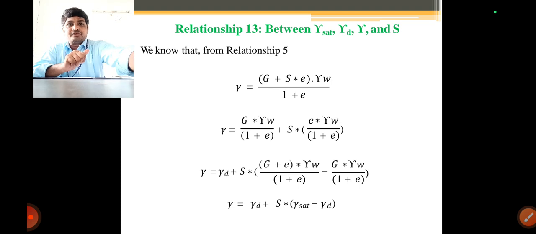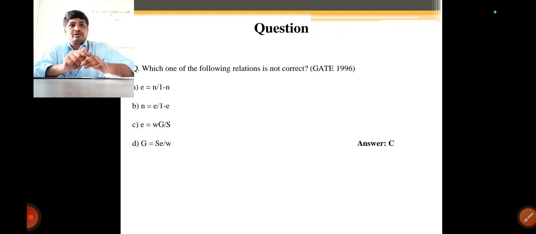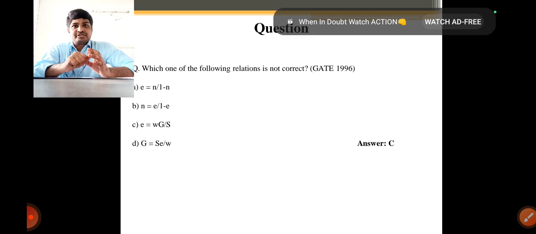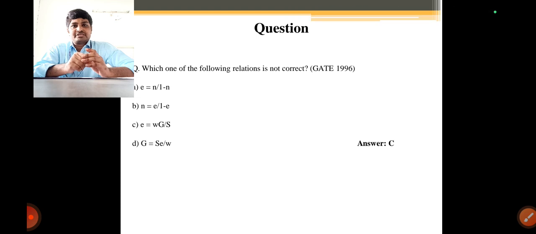And then we go for the questions. One question is like this: which one of the following relationships is not correct? Here we observe four relations. Void ratio e is equal to n by (1 minus n), that is correct. Porosity n is equal to e by (1 minus e), that is not correct, because porosity n is equal to e by (1 plus e).